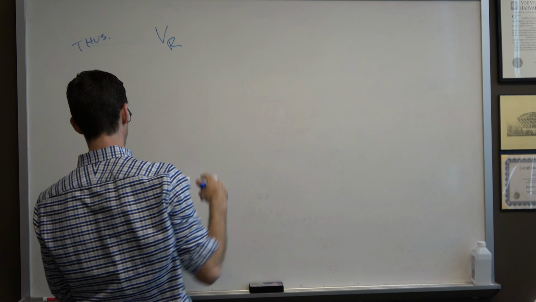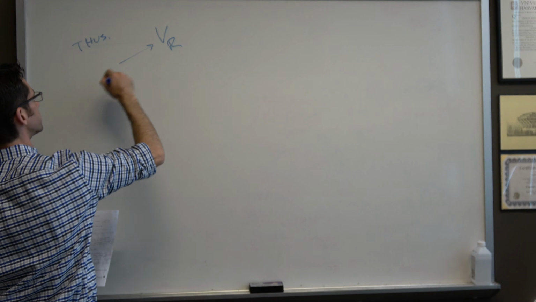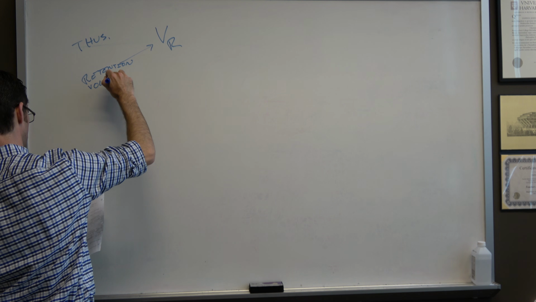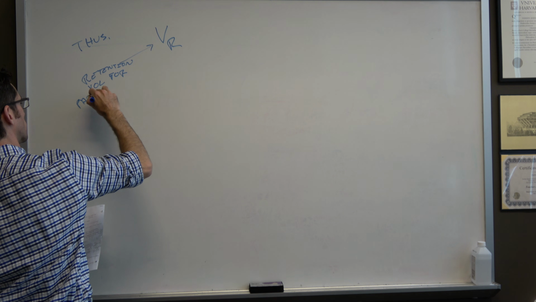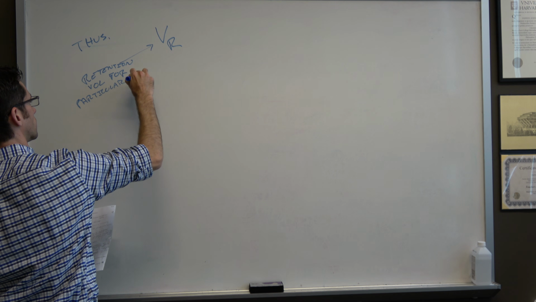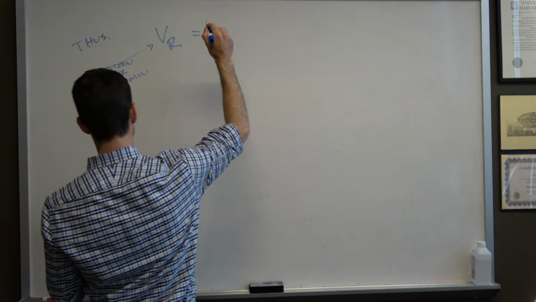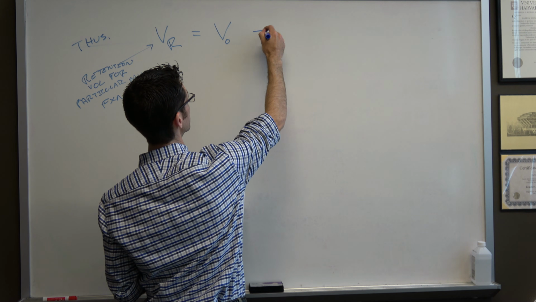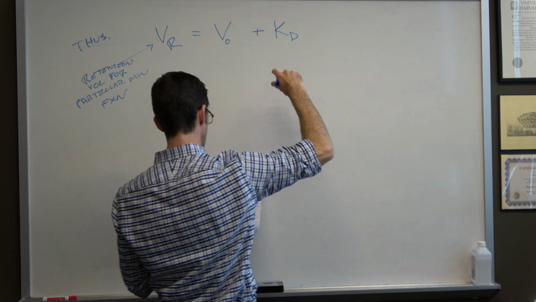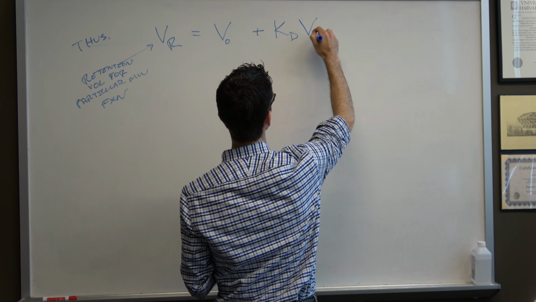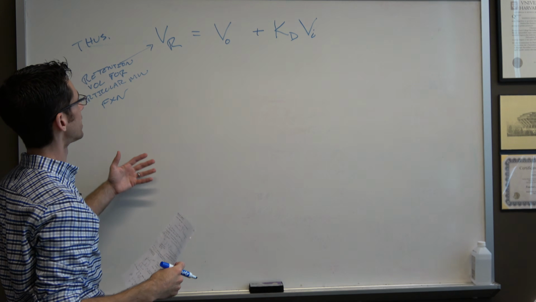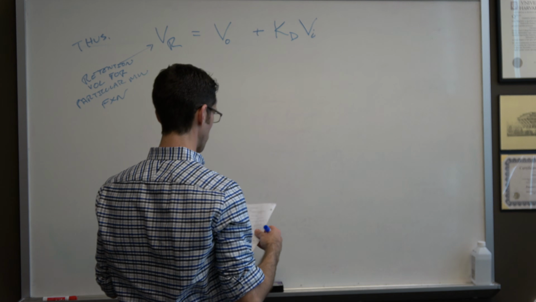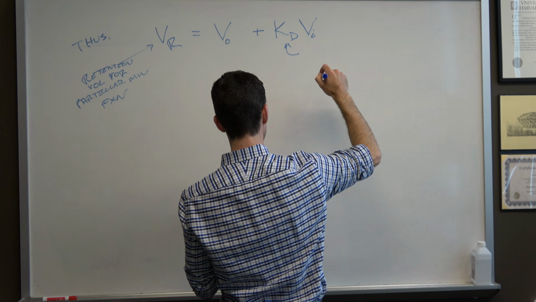The retention volume for a particular molecular weight fraction equals the interstitial void volume plus some coefficient Kd that is specific to the pore size and the sizes of the polymers going through the system, and this is the distribution coefficient.